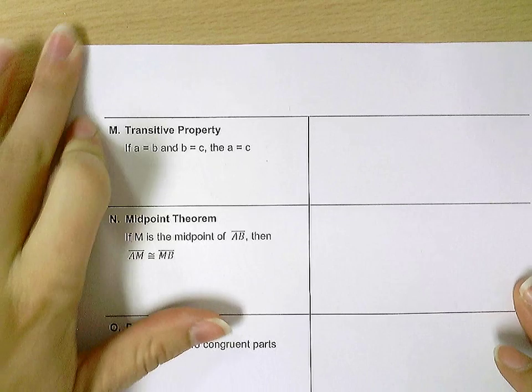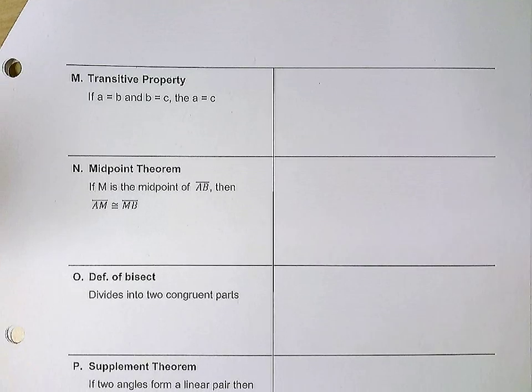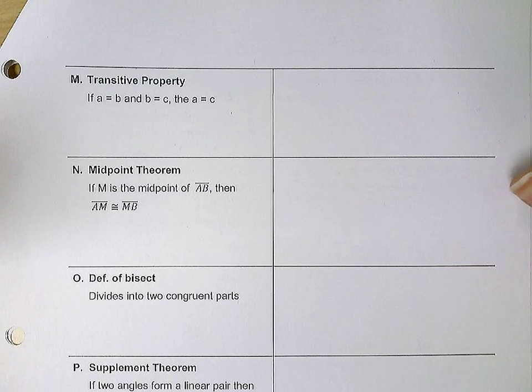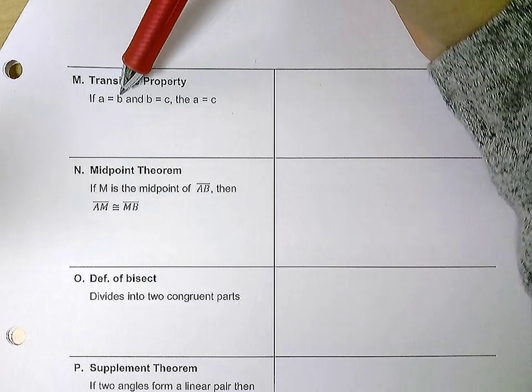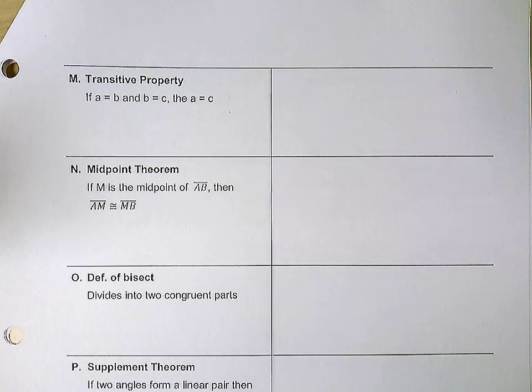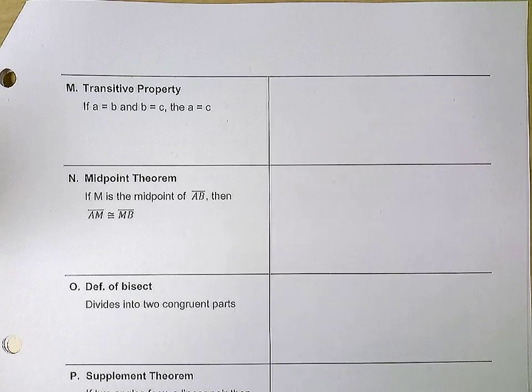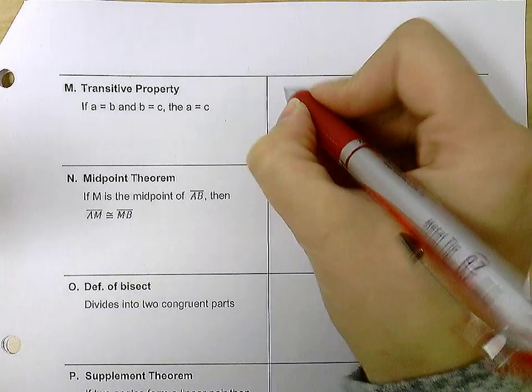All right. Next, we have the transitive property. We use this one a lot. So that states if A is equal to B and B is equal to C, then A is equal to C. So I'm going to do this with some numbers here to make it a little bit easier to understand.